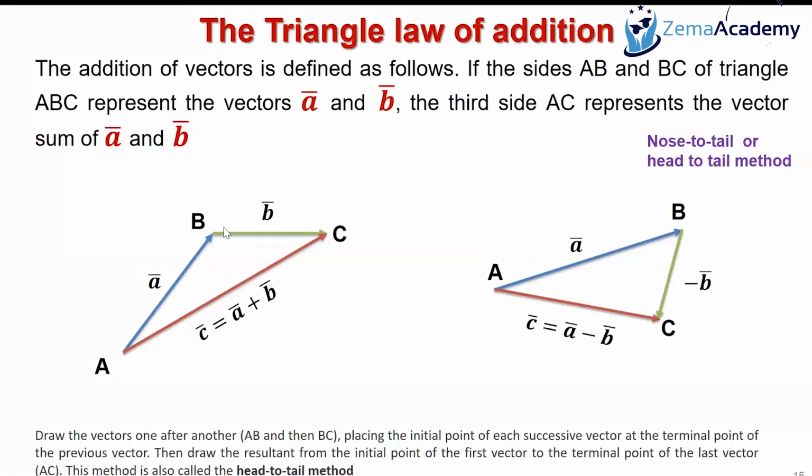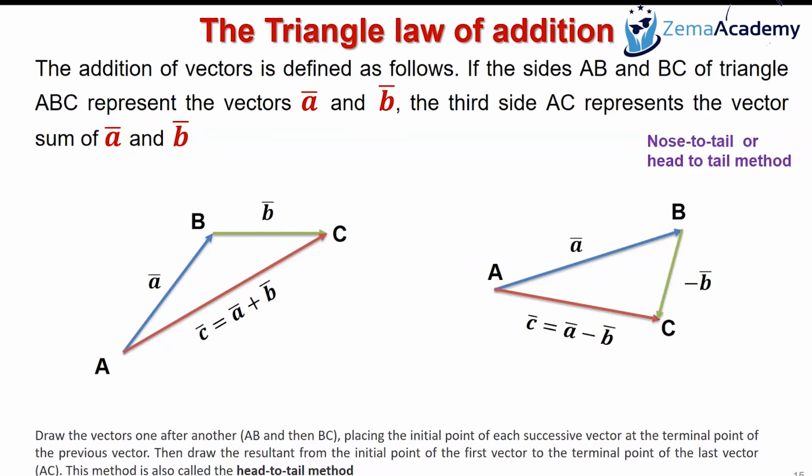And how do you add? The simple trick at the start is that you place the second vector at the head of the first vector. That's why it's called head to tail, because the second vector has its tail attached to the first vector. And you can find the sum of these two vectors: C is equal to A plus B.